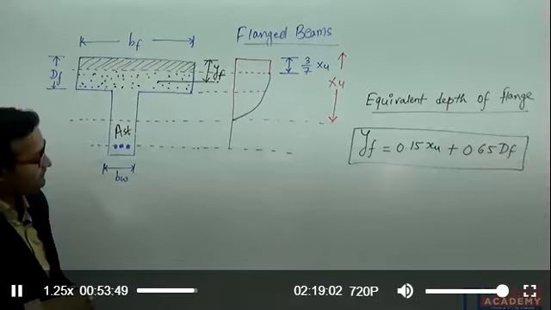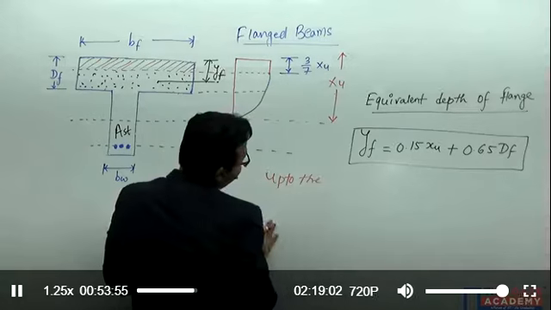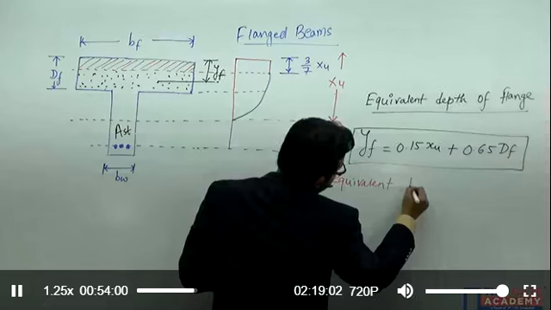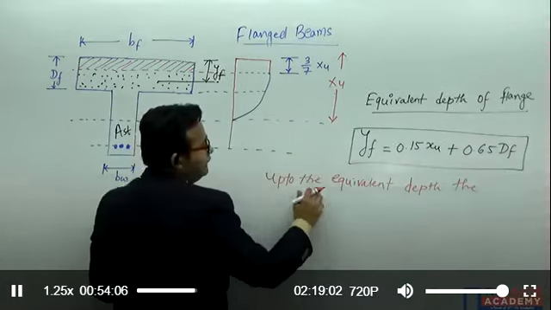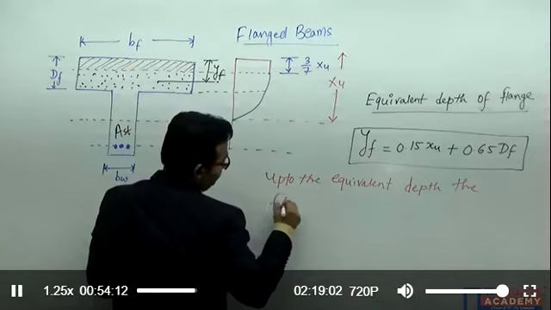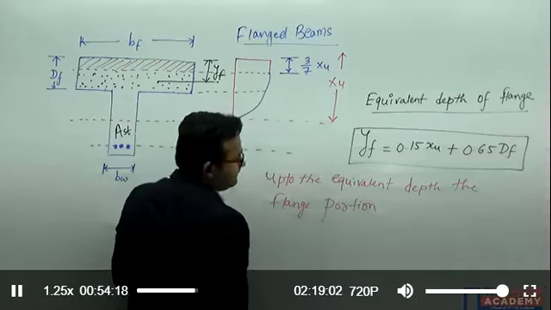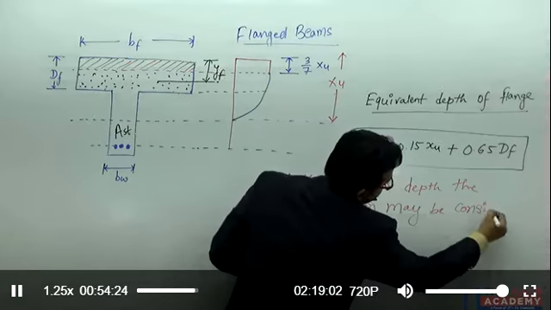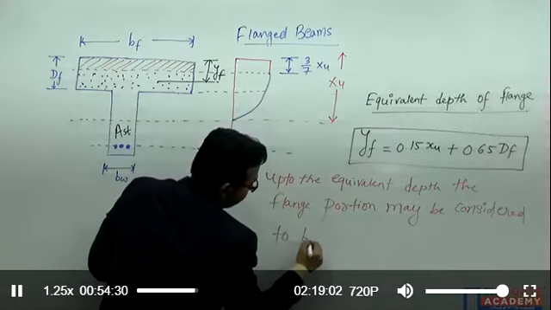I can write here, up to the equivalent depth, please note down this statement: up to the equivalent depth, that is nothing but your YF, the flange portion may be considered to be uniform.